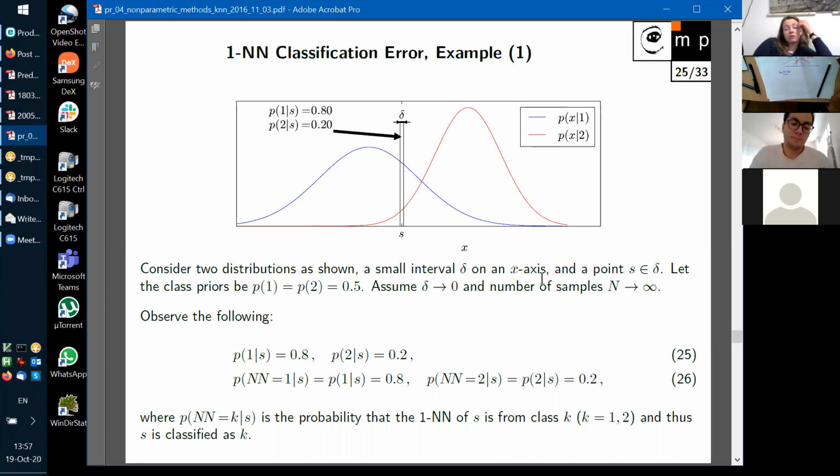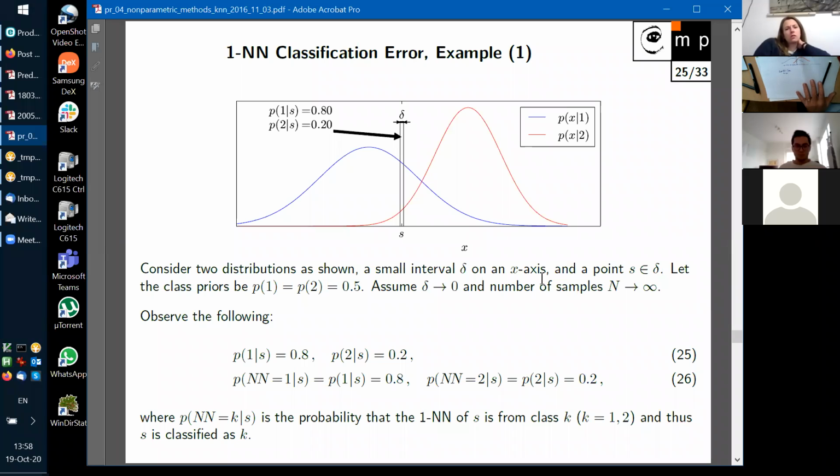So what is the optimum decision for a Bayesian classifier? If we observe some value around S, the optimum is to go for class 1, and my error will be the a posteriori probability of class 2, which is 20%. I think so far all is clear.